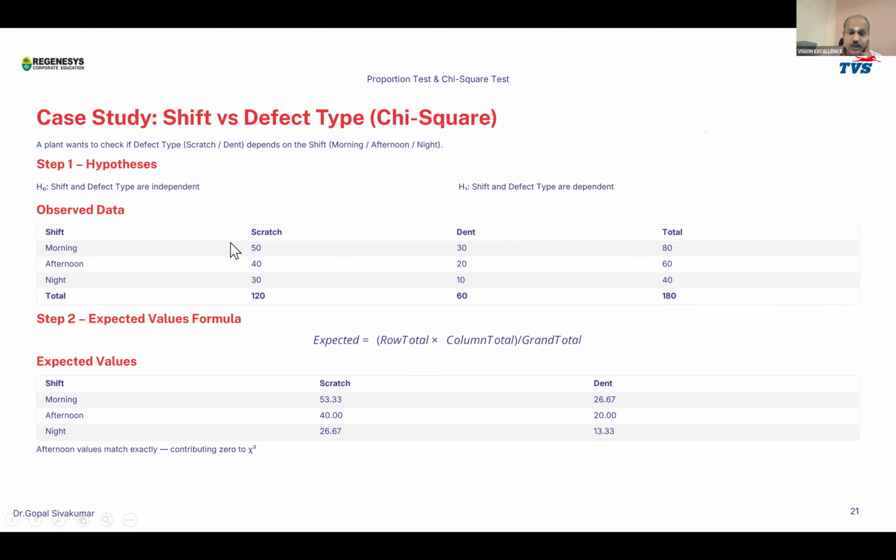And under scratch, the column total is 120. So 80 into 120 divided by 180. How much is it coming? All of you, please do a small check.